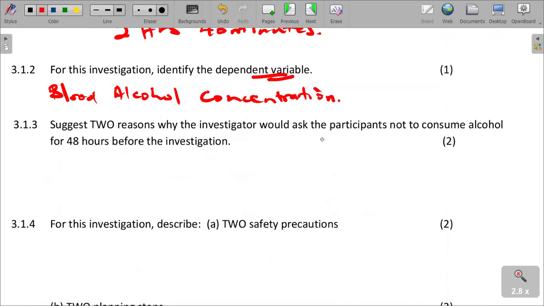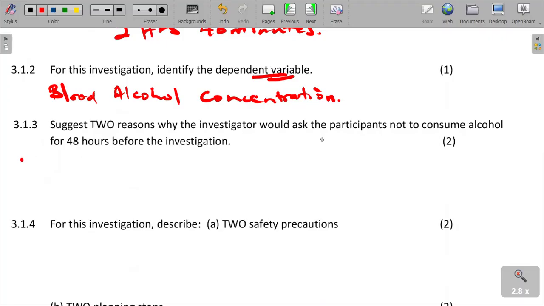And then suggest 2 reasons why the investigator would ask the participants not to consume alcohol for 48 hours before the investigation. This is actually to ensure the validity of the investigation, that they must not drink alcohol 48 hours before the investigation to ensure that their body is clean.